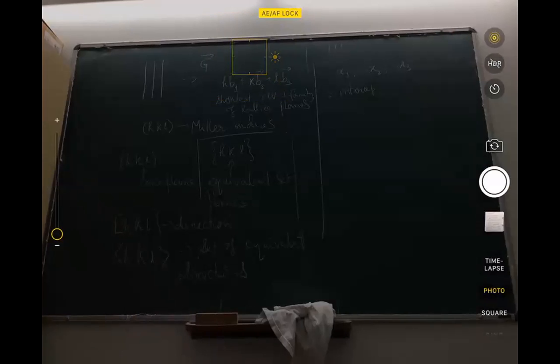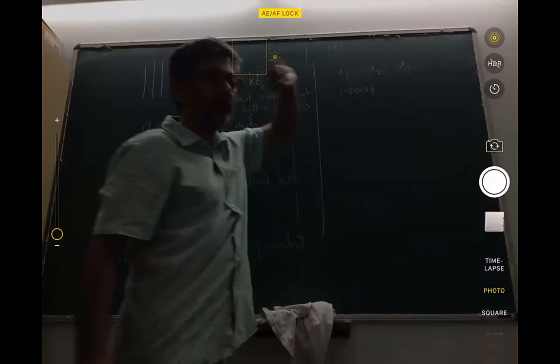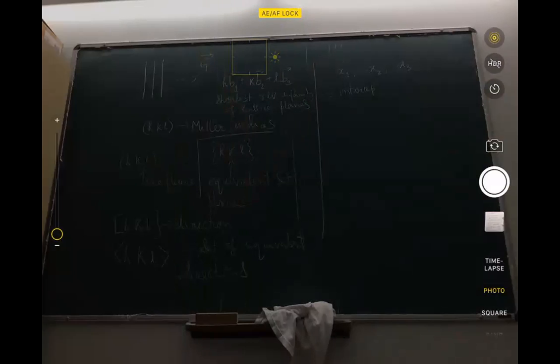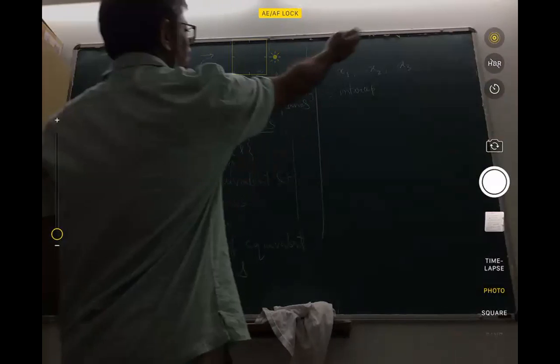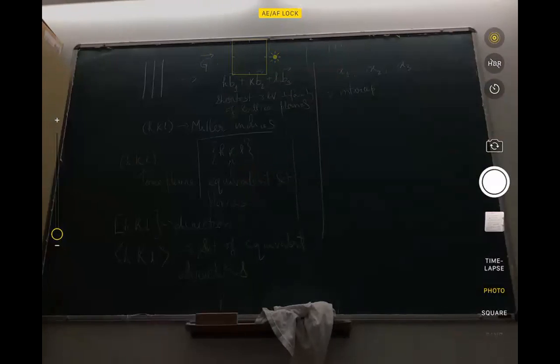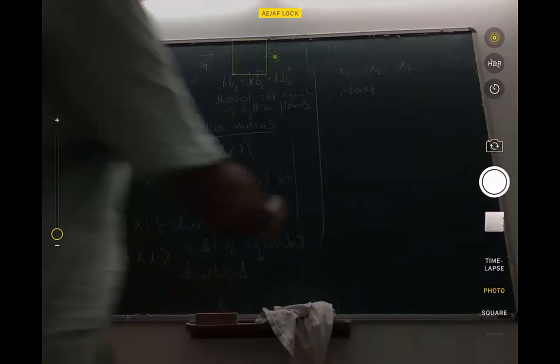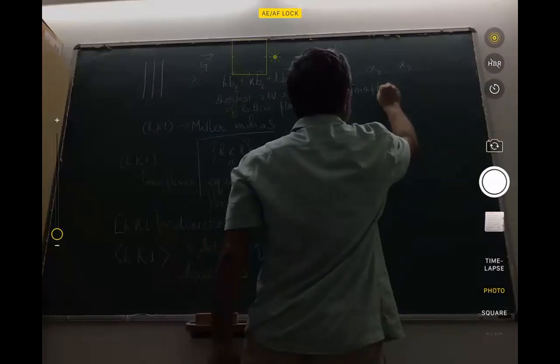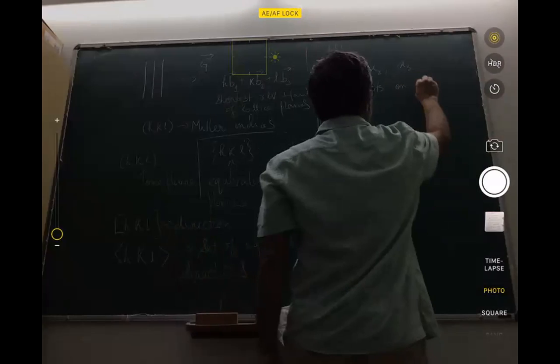Suppose we have a certain family of lattice planes which have x1, x2, x3 intercepts on the real space lattice vectors.